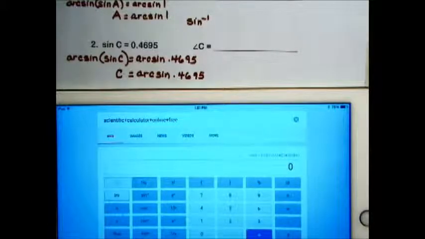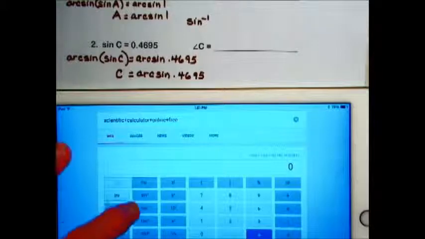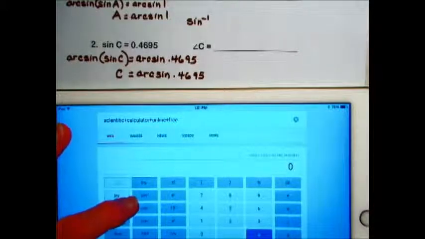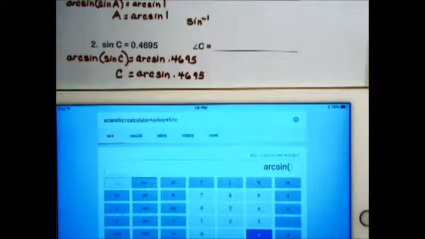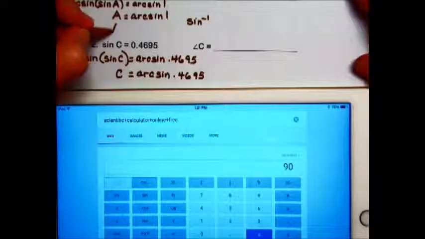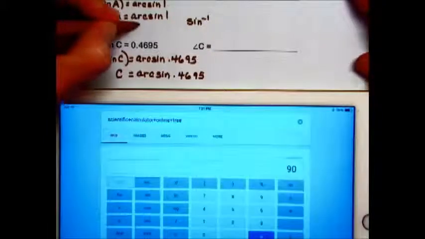Next, if you see that sine changed to sine to the negative 1, I'm after the arc sine, and it actually put the term arc sine in the display. I will put that ratio, which is 1, and hit the equals. So angle A has a measure of 90 degrees.